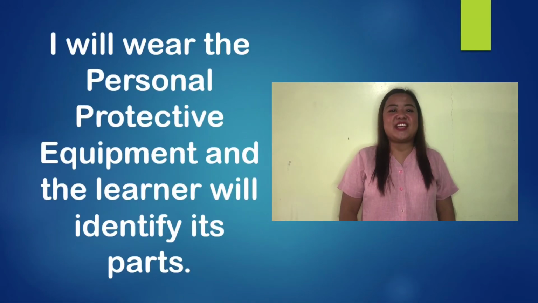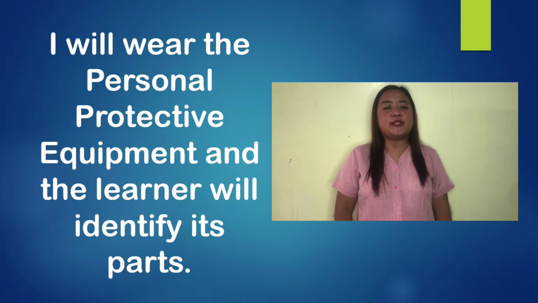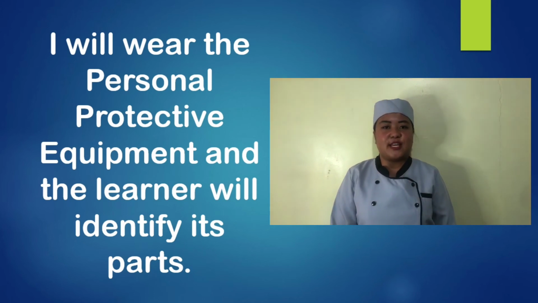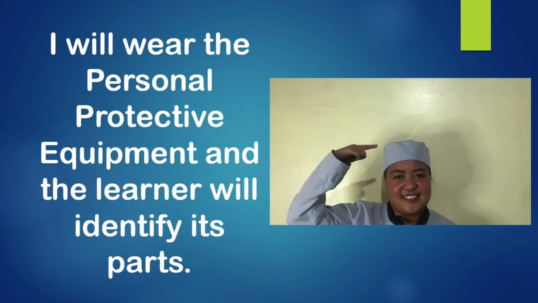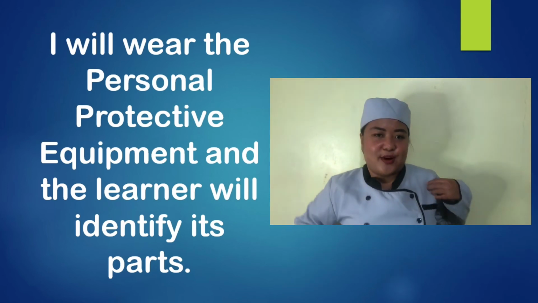To make sure that you understand your lesson, I will wear the personal protective equipment or the chef uniform and you will identify its parts. Now I'm wearing the chef uniform. So you will identify the different parts of the uniform. What do you call this part? How about this one?